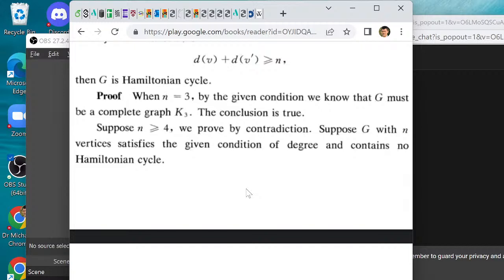Okay, so suppose n is greater than 4. So the claim is that all graphs have a Hamiltonian cycle. And then you're saying it suffices to prove the graphs with Hamiltonian chains have a Hamiltonian cycle.